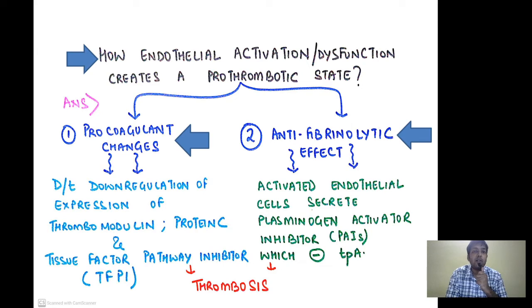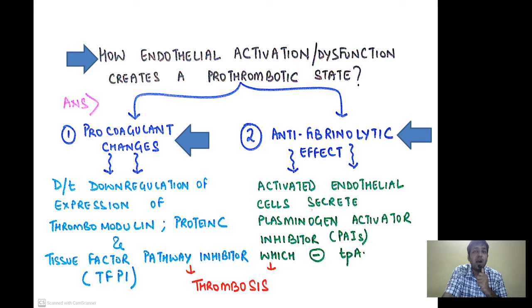The second important point is that endothelium normally has a fibrinolytic effect, but activated endothelial cells are going to secrete plasminogen activator inhibitor, that is PAI, which is going to inhibit tissue plasminogen activator. If you have read my previous lecture on hemostasis, you will recall that normally our clot formation or coagulation cascade is limited to the site of injury by fibrinolysis.